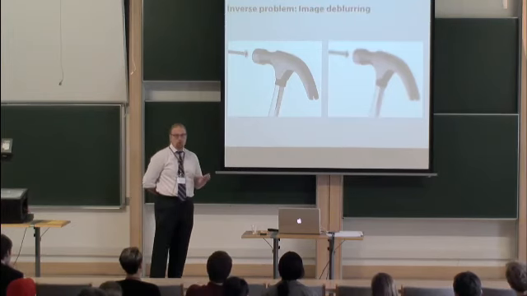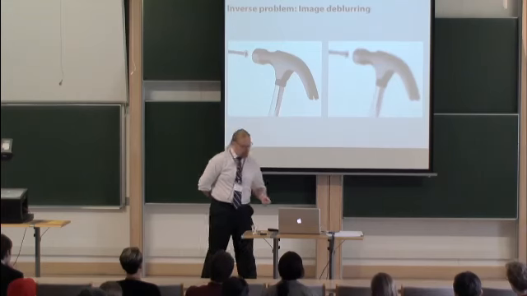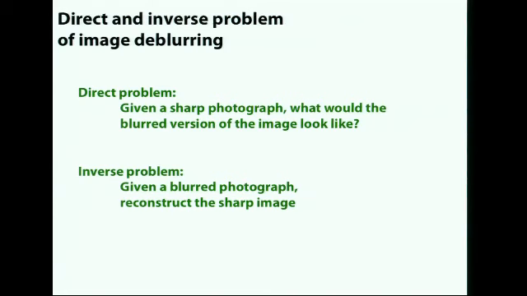It's just a convolution by some Gaussian kernel. But the inverse problem would be, how can we come back from the blurred photograph? So the direct problem, if we have the sharp photograph, is quite simple: to compute or construct the blurred image. But the inverse problem is the opposite. When we start with the blurred one, how can we find the sharp image?